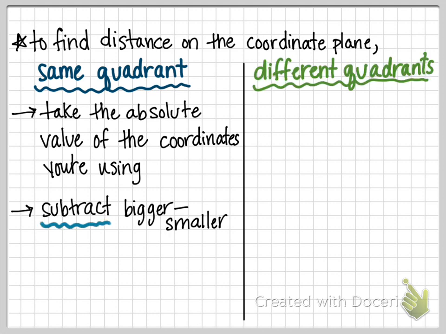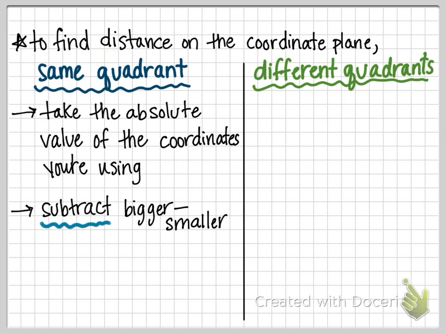Subtract. Subtract the bigger minus the smaller absolute value. And that'll tell us the distance between the points, as long as they're in the same quadrant. So it's all about absolute value here because it's about distance, right? Remember we said that absolute value is distance. All right, so same quadrant, absolute value, and subtract.